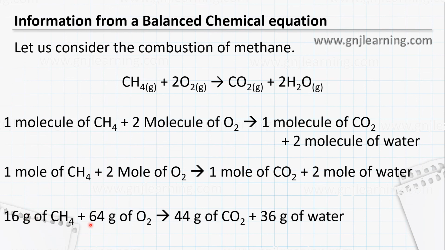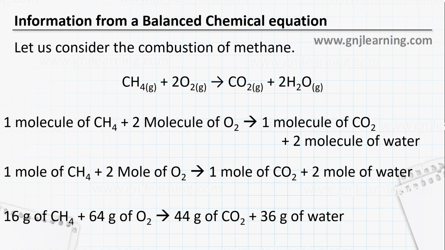Then I can equate them. 16 gram of methane, if I am adding 64 grams of oxygen, I will get 44 grams of carbon dioxide and 36 gram of water. So according to the law of conservation of mass, you can see that on both sides of the equation, the mass remains the same. Clear?